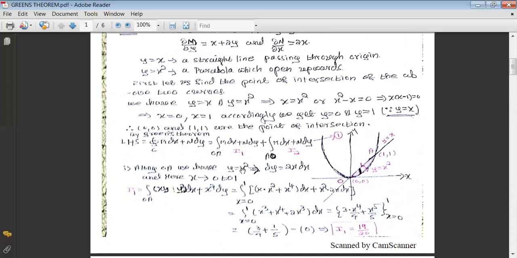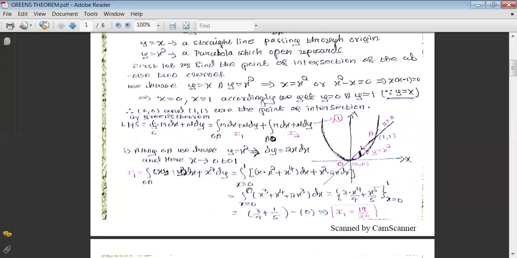Wherever y is there, let us take x square, and wherever dy is there, let us take 2x dx. Once you substitute y equal to x square, that becomes x into x square plus y square, meaning x square square, that is x raised to 4, into dx, plus x square as it is, times dy, which is 2x dx, and here x varies from 0 to 1.